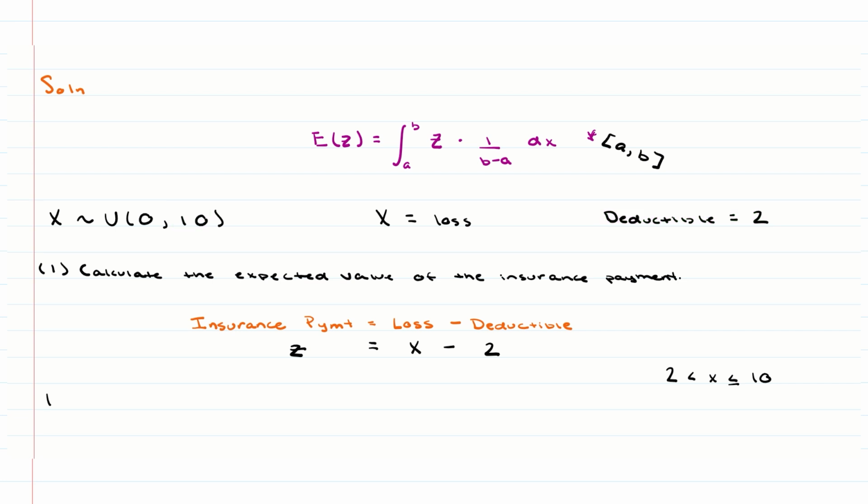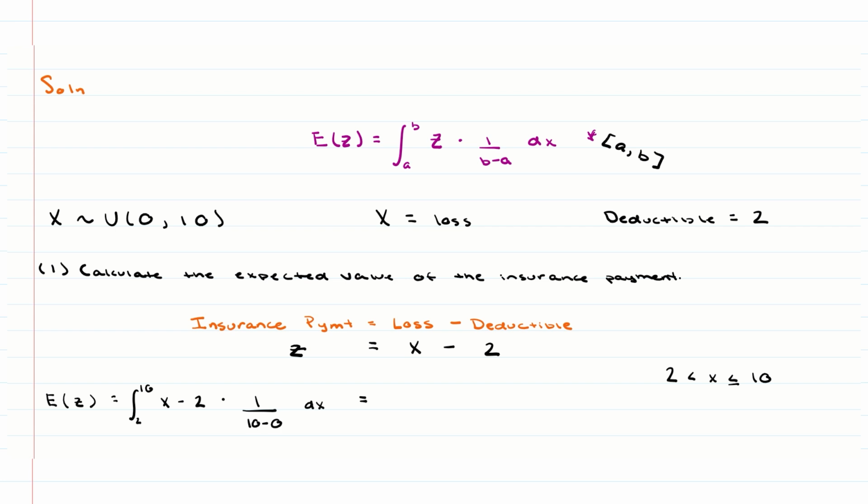So now plugging into our formula, we have the expected value of Z, our insurance payment, equals the integral from 2 to 10 of Z, which is X minus 2, times 1 over B minus A. And this A and B will be the original interval that we were given. So that's 10 minus 0 dx.